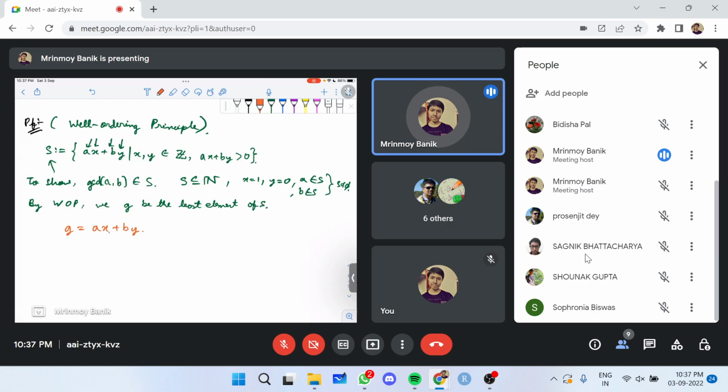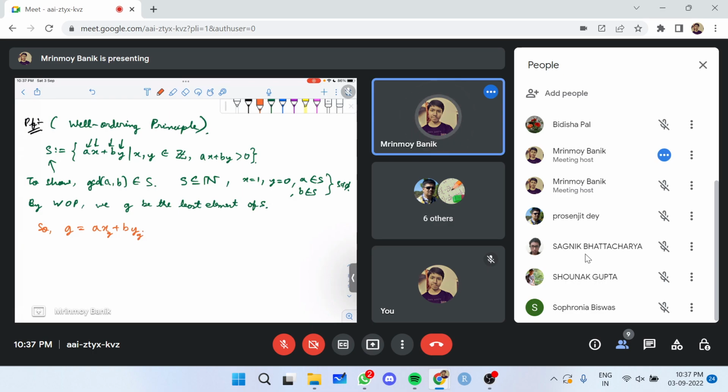Since G is a particular element, I'm subscripting these x and y by G. So G equals a x_G plus b y_G. Now we will go on proving that this G is actually the GCD of a and b.